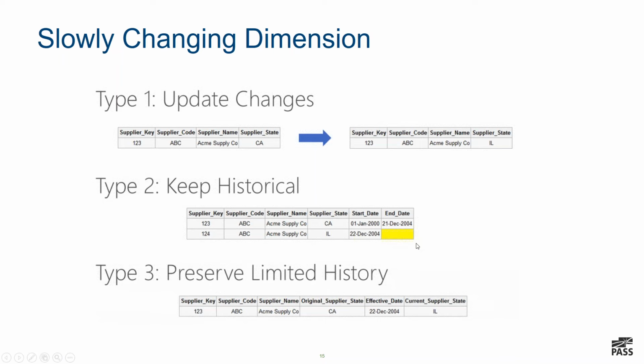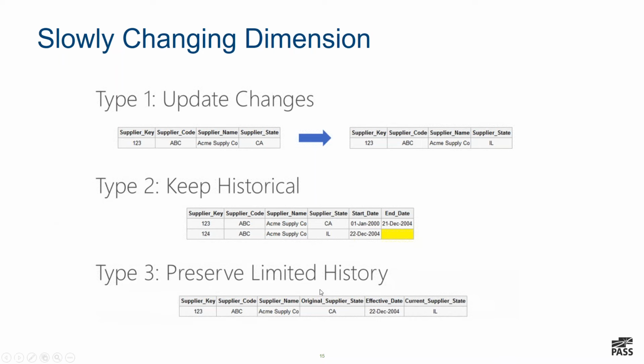It can be either nil or a very far end date like 9999 or whatever, as temporal tables work with that. So I will have the same supplier code, but the supplier key is different, and that's the key that I will be using in my fact table. My fact table then will point out exactly that this customer made this sales transaction when he was in California or when he was in Illinois, right?